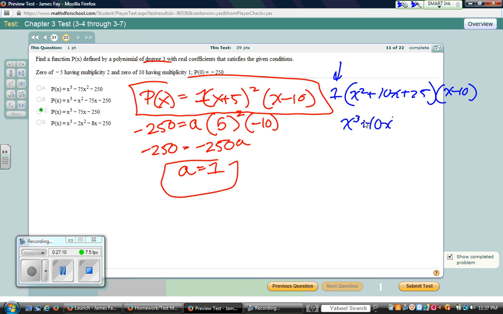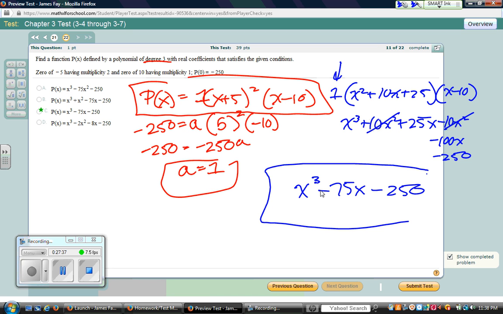I'll have plus 10x squared plus 25x. Then I'll have minus 10x squared, minus 100x, minus 250. Now combine like terms: x cubed, positive 10x squared and negative 10x squared go away, 25x minus 100x gives me negative 75x, minus 250. And that then happens to be option C.